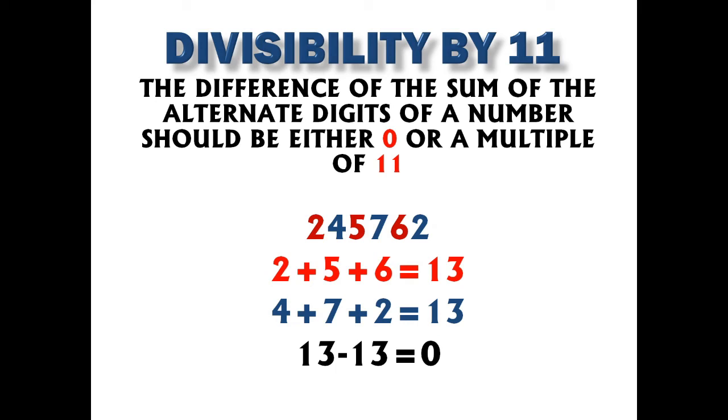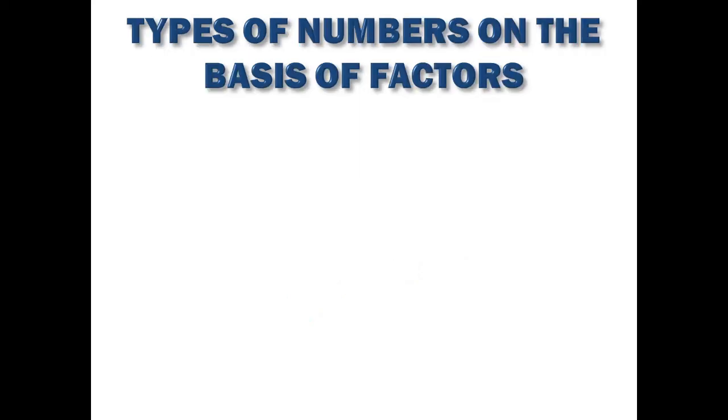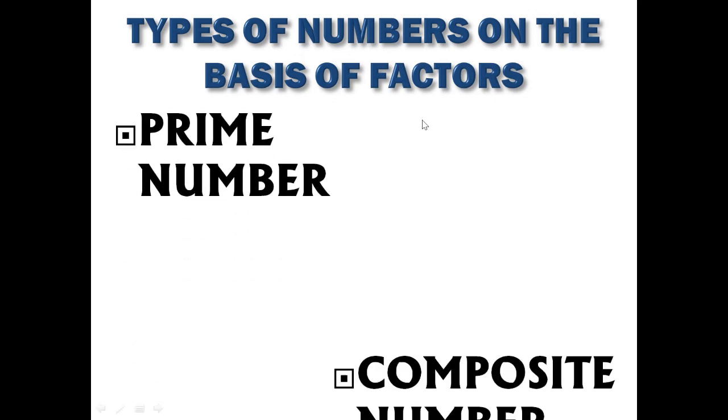So we have seen the rules of divisibility for 2, 3, 5, 9, 10 and 11. Using this test we can predict whether our given number has these numbers as factors or not. Now, as we have already learned that every number will essentially have one and the number itself as factor. So on the basis of the number of factors, numbers are divided into two types: prime numbers and composite numbers.